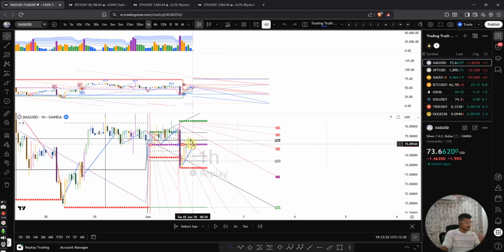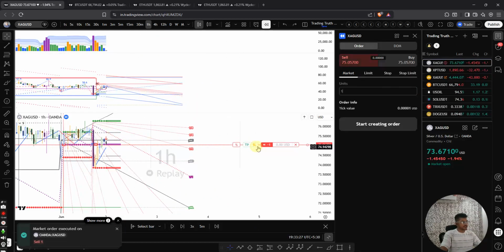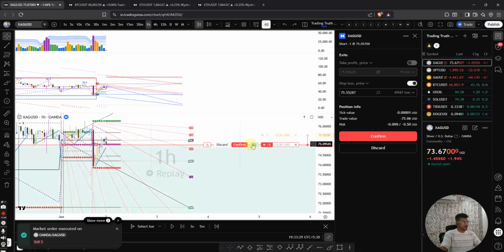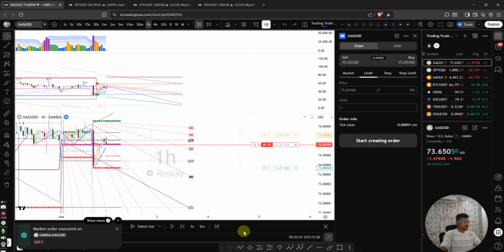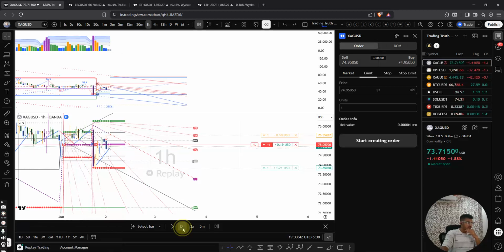So if I had entered a short trade there, just as an example, put my stop loss there, put my take profit there, you'll see that the level, the trend line, gets respected.